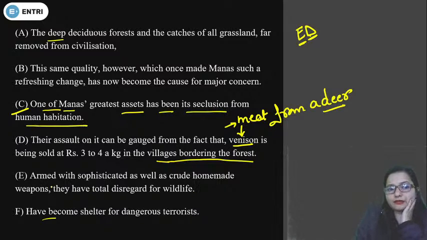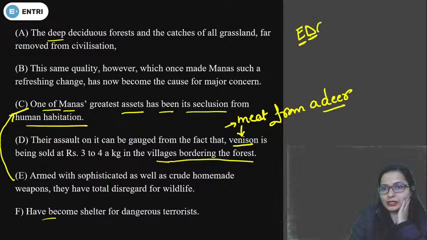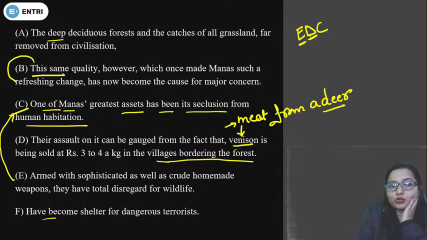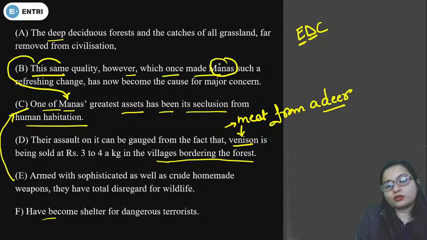Okay, this seems fine, or the sequence can be made by using C here. One of the man's greatest assets has been its circulation from human habitats. And what would be the next one? This same quality. Which quality? This quality. This same quality, however, which once made man. Okay, the word man here is also given, which is giving us the hint. So after C, we have to have B.